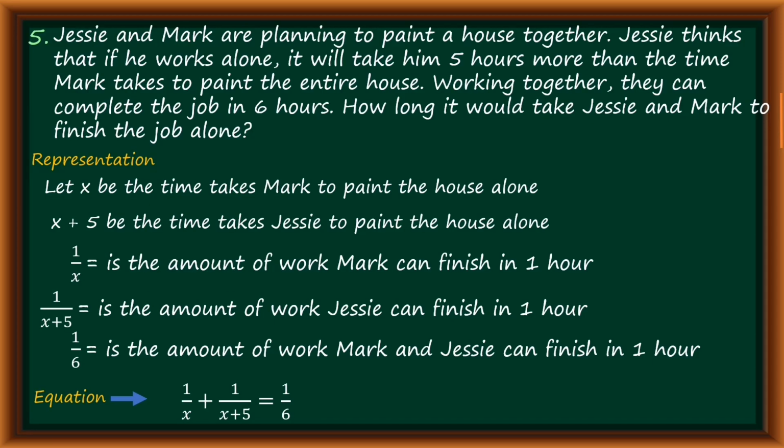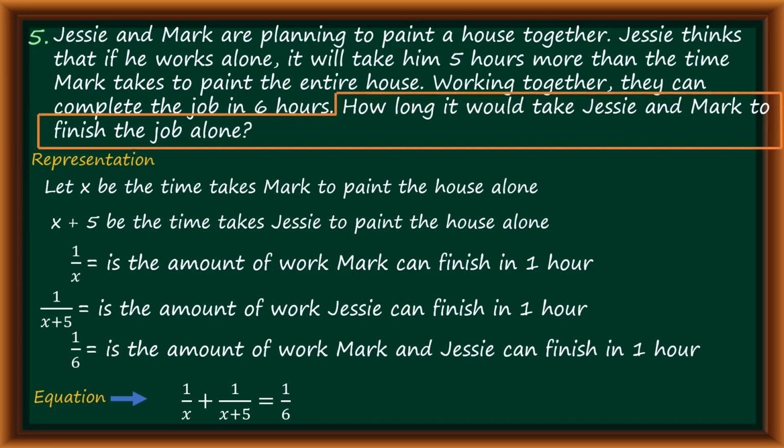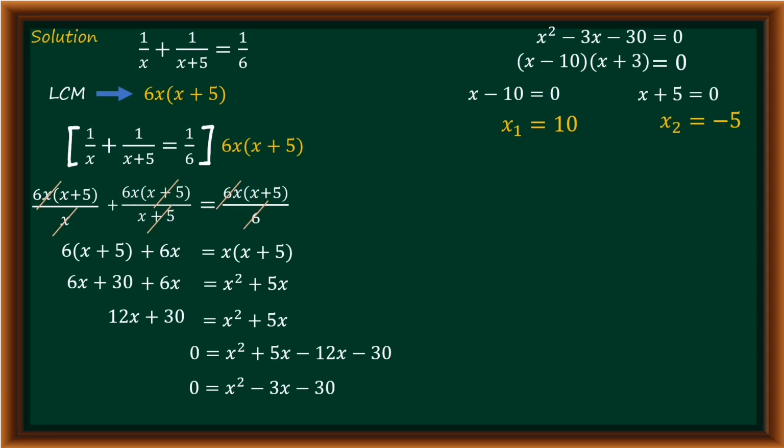Going back to our problem, the question is how long it would take Jessie and Mark to finish the job alone. Now let us answer the question. Since we're talking about time, we cannot accept negative 3 as our solution. So we will use 10.